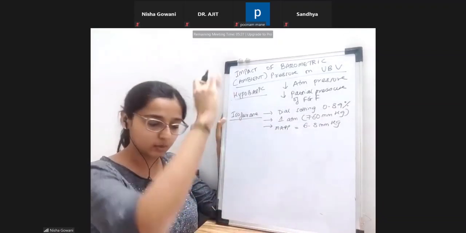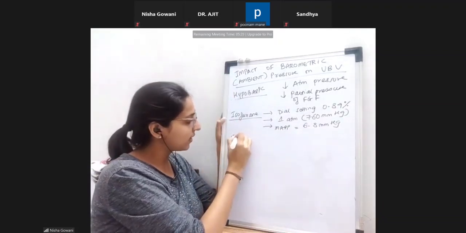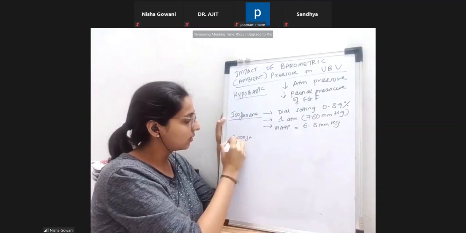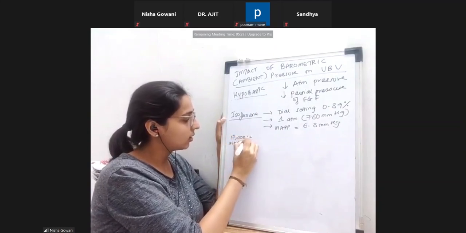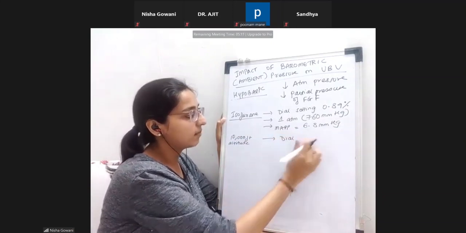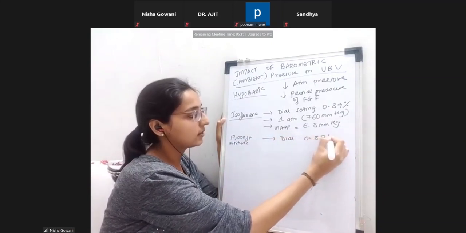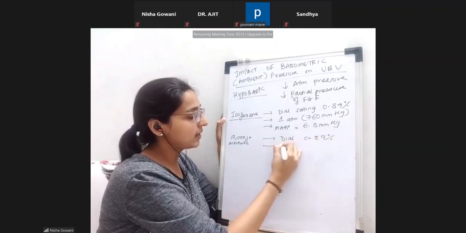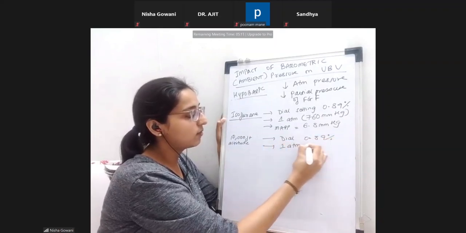Now we took this isoflurane vaporizer to 10,000 feet altitude. At 10,000 feet, we have kept the dial the same, at 0.89%. At 10,000 feet altitude, the pressure will obviously reduce.